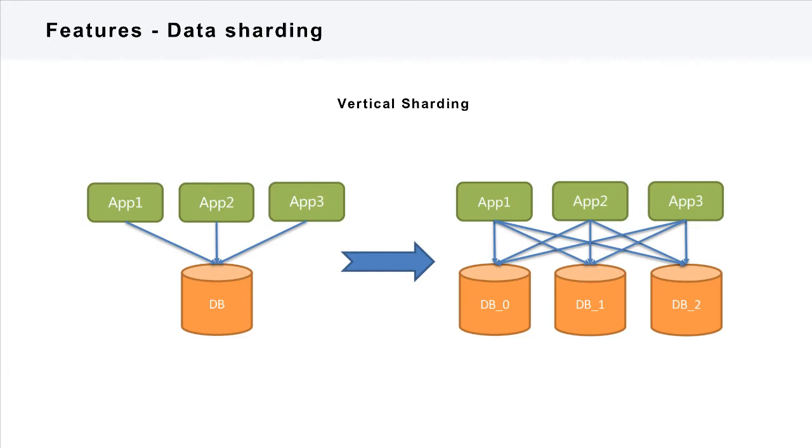Vertical sharding usually requires adjustments to the business architecture. This method can ease problems brought by the high data amount and concurrency amount, but it also requires horizontal sharding to solve the problem completely.